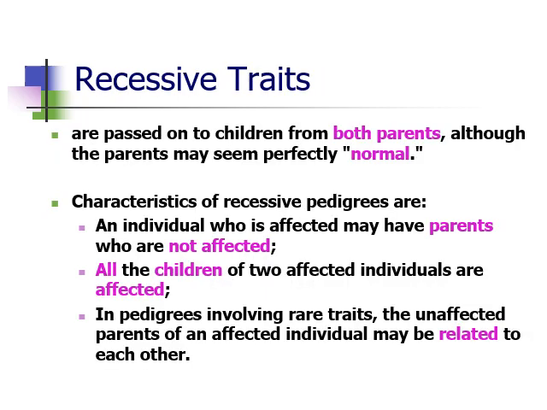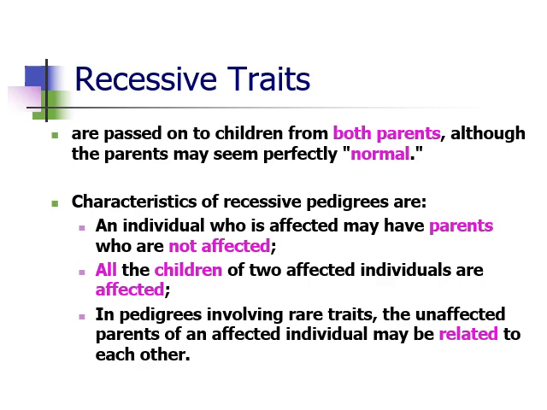Now, recessive traits behave a little bit differently than dominant traits. Recessive traits are passed on to children from both parents, although parents may seem perfectly normal. Both parents could be carriers for a recessive trait, and they pass down those carried recessive traits to their children, and they could get a trait that wasn't necessarily showing up in the parents.